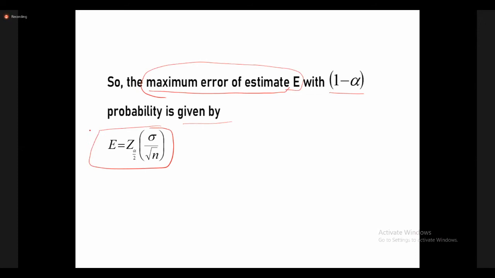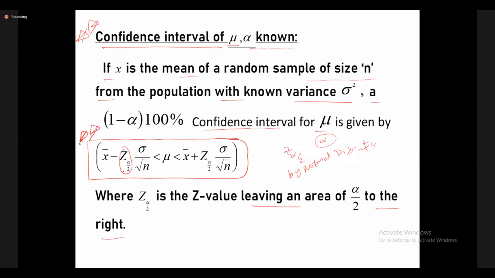Maximum error, capital E, equals z alpha by 2 into sigma by root n. And this is the confidence interval, the 1 minus alpha into 100% confidence interval formula.